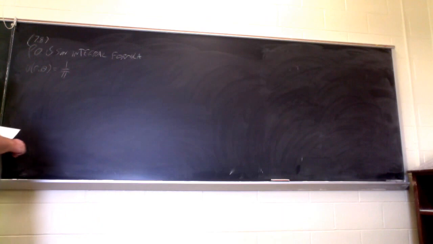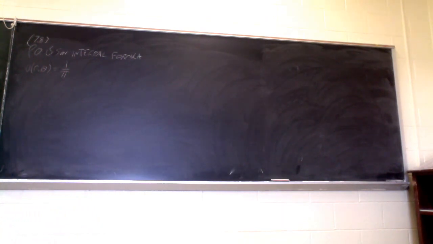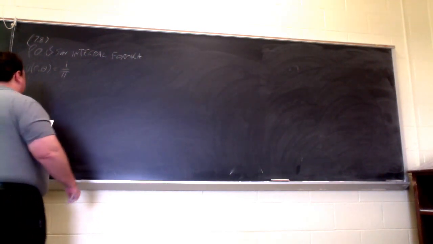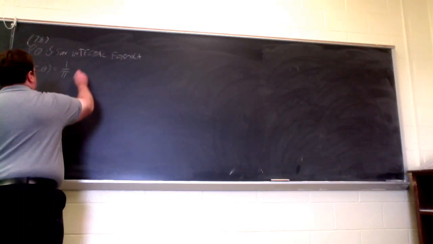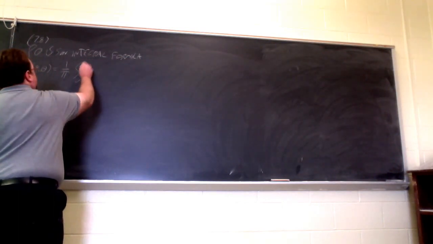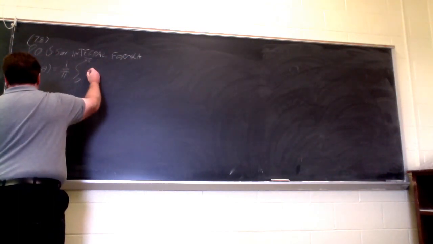If I take my previous solution, all my constants, my alphas and betas, are defined in terms of integrals. So if I put those integrals into the solution formula, and then I move everything inside the integral, all the constants, except for this 1 over pi, this is what I have. It's an integral from 0 to 2 pi, and then what's left?